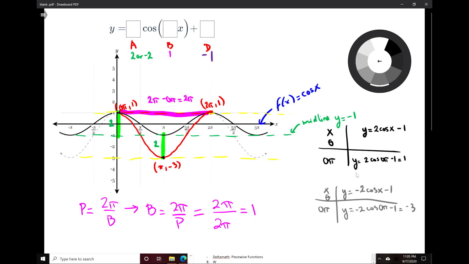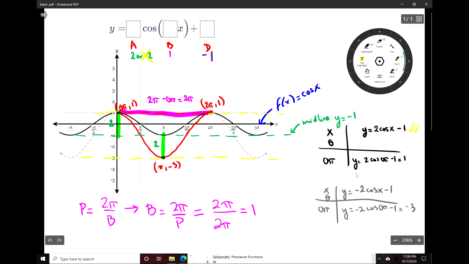So which one matches our graph? According to the given graph, we have 0 pi, comma 1. That means at 0 pi we should get 1. So the first one works with our graph. We know that -2 doesn't work out, so no more -2. We only choose 2 for this one.